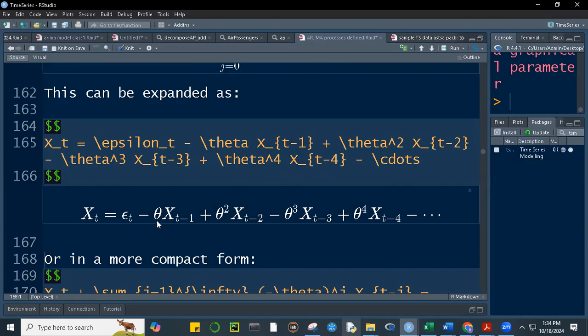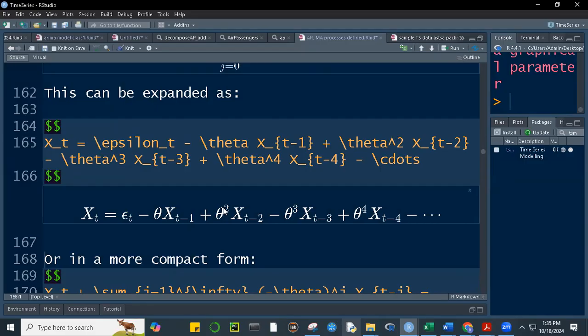So take note, class, it's not theta times epsilon sub t minus 1, but theta times x sub t minus 1, theta squared x sub t minus 2, theta cubed x sub t minus 3, infinite series. And take note of the alternating, no? Minus, plus, minus, plus, minus theta to the 5th, plus theta to the 6th.